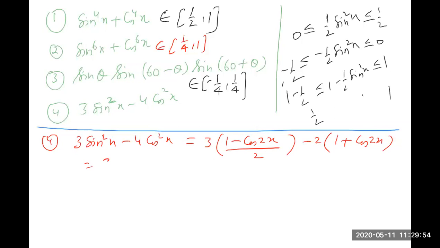So this is 3 by 2 minus 2, plus cos 2x outside. What is left? Minus 3 by 2 minus 2. You understand this? So this is equal to minus half minus 7 upon 2 cos 2x. This is now a simple problem.